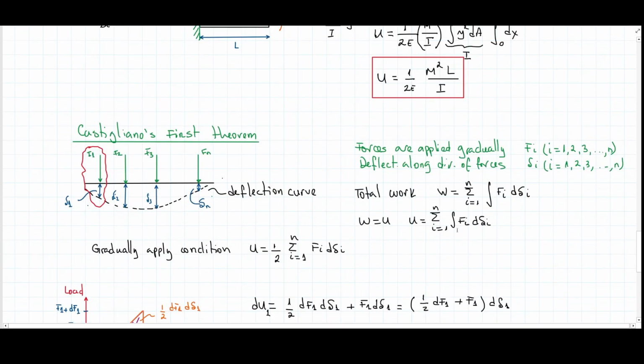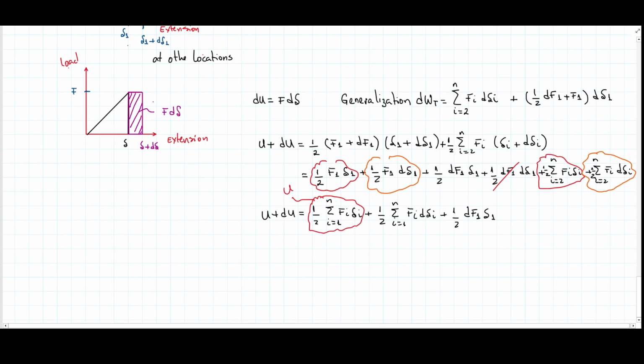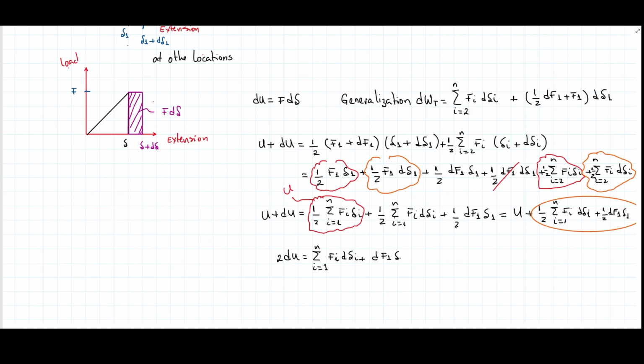So this is equal to U plus this sum, i equals 1 to n of Fi, plus this other term, 1/2 of F1, this one here, which means that if all of this is dU, the increment in the strain energy, I could take this 2 to the other side, and say that 2 dU equals this sum here, of Fi, plus the F1. Nice.